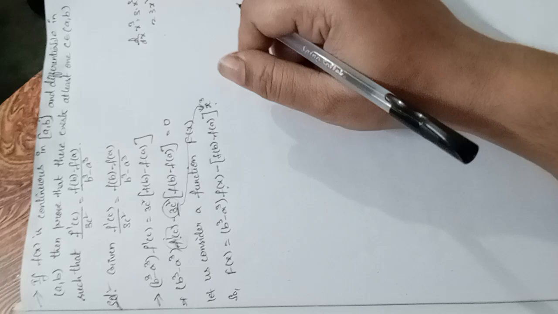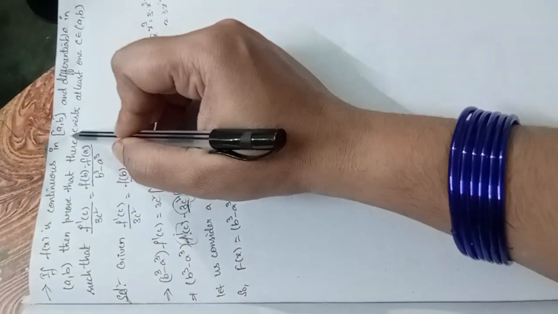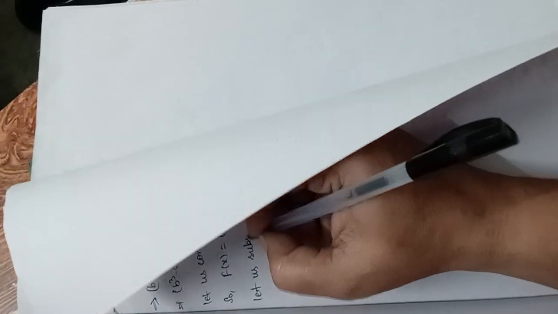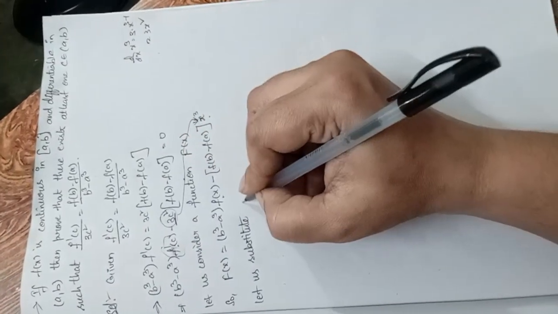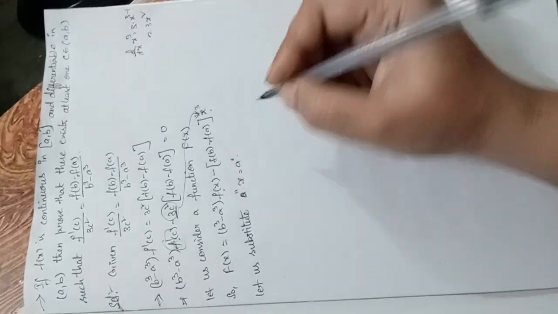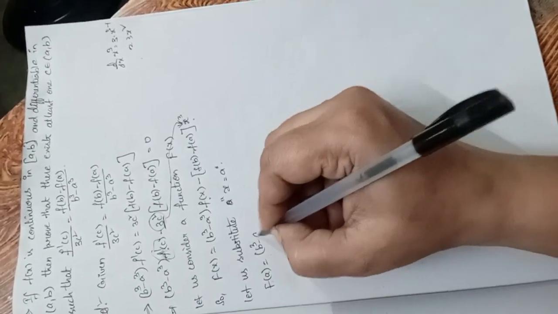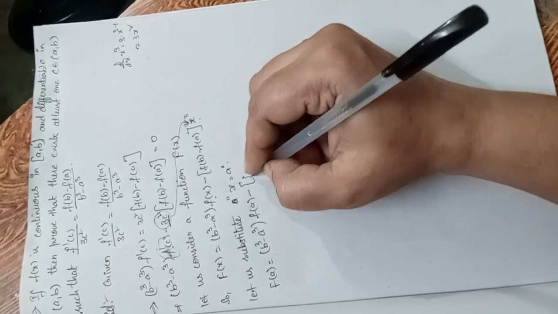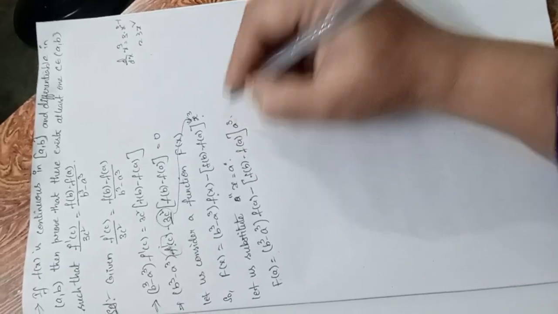Now what I'll do here, it is given continuous in the closed interval [a, b]. So let us substitute x equals a. So what we'll get? F(a) = (b³ − a³) f(a) − (f(b) − f(a)) a³.